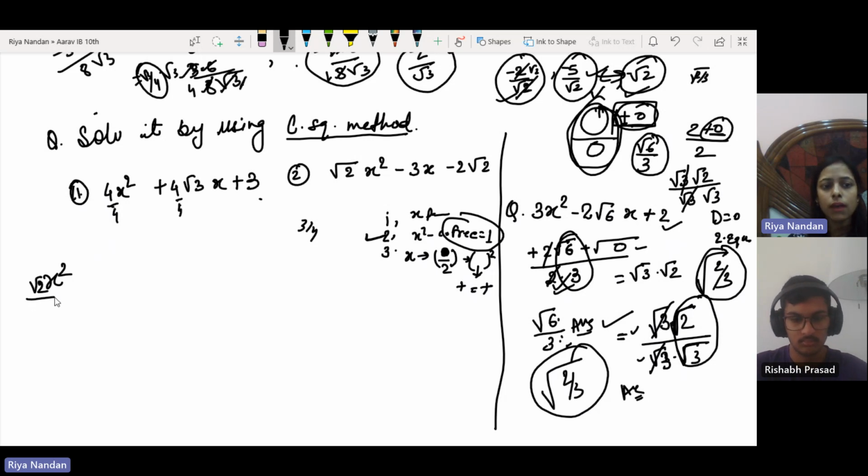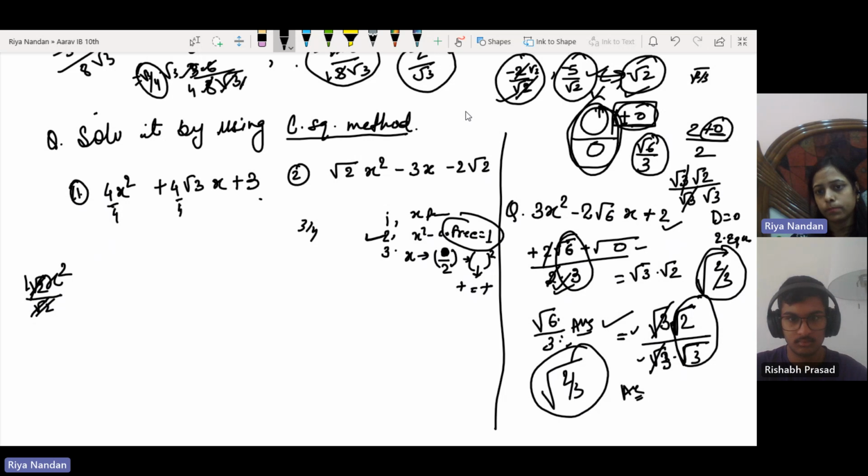So we have to divide the complete equation by root 2. Whenever you divide with the same number, then only it will be cancelled and become 1 here. The coefficient would be, we can say, coefficient free or coefficient is 1.